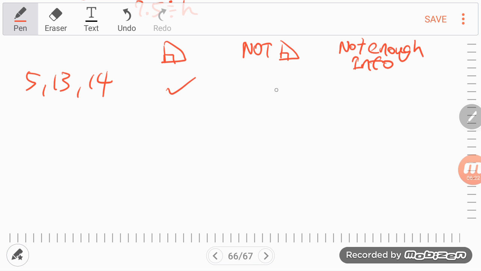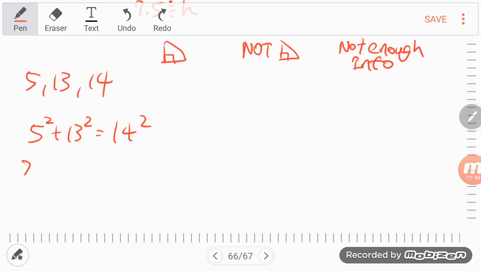They want you to choose. Okay, this one or that one or this one. Let's see. If this is a right triangle, then 5 squared plus 13 squared should be equal to 14 squared, right? Because for 14, my hypotenuse is always the longest. If this is true, then I have a right triangle.